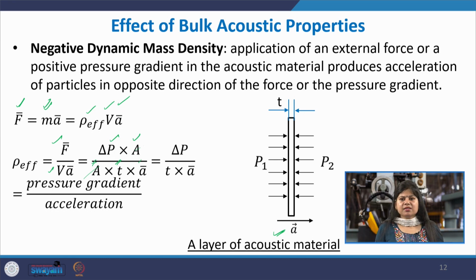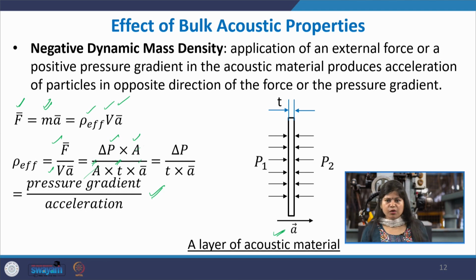What is del P by T? It is the pressure gradient over the layer of fluid. So, pressure gradient by the acceleration. Okay. So, suppose this effective mass density becomes negative, which means that if external force or a positive pressure gradient is applied, then the fluid particles do not accelerate in the direction of the applied force or the applied positive pressure gradient, rather they move in the direction opposite to the applied force or the pressure gradient.